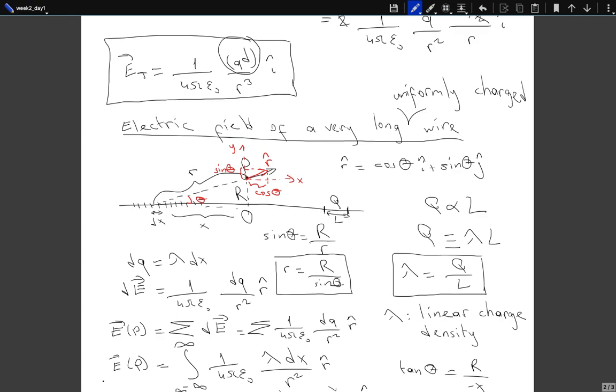Both of these segments create electric fields of equal magnitude because they are equidistant, but pointing in opposite directions. They will cancel the horizontal components, and we are left with the vertical component only. So before we start the computation, we could have seen that the electric field had to be vertical and then evaluate the vertical component only. But we also showed it explicitly.